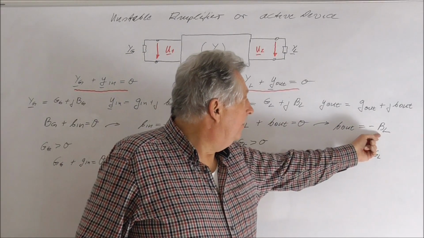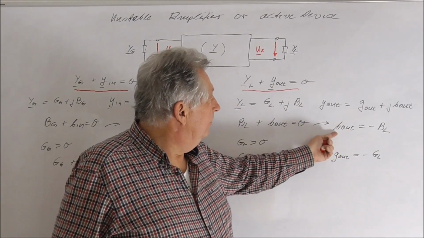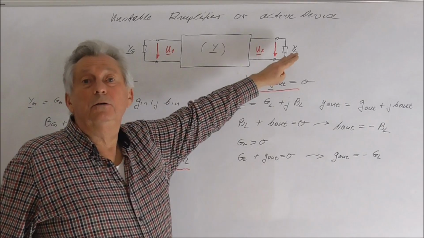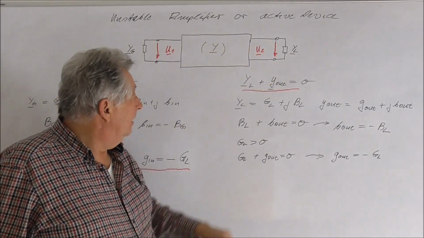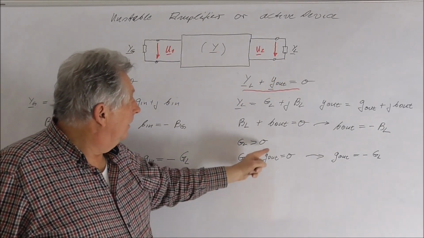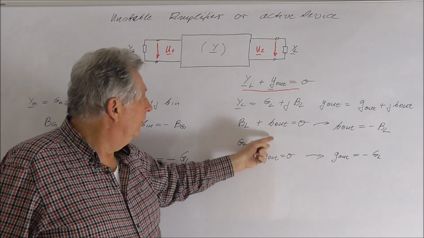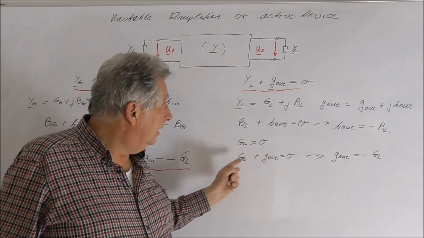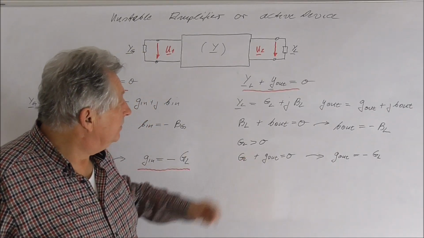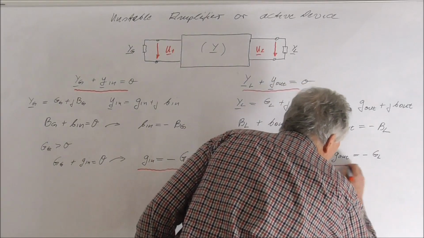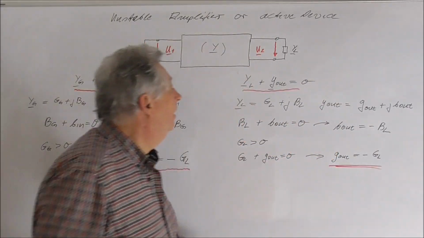Again, if this is capacitive, this will be inductive and vice versa. But also for a load admittance at the output, we know that the real part, or the conductance, will always be greater than zero.